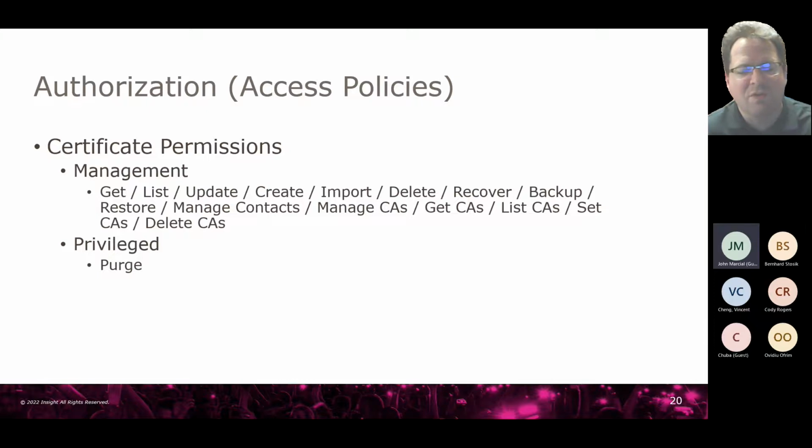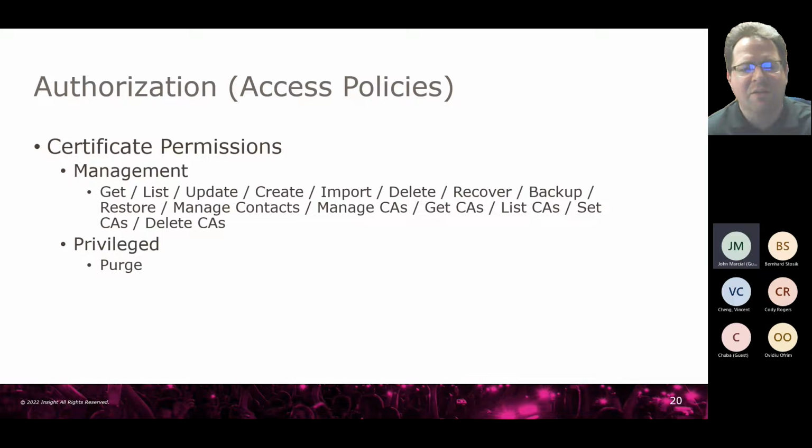So for the certificates that you store in Key Vault, you have the ability to manage access policies. Understanding the list of things that you can do with these types of entities helps you understand a little better what these things are, and how Key Vault supports management of these things. So, again, you can do your CRUD type operations with your certificates, but you can also manage the contacts and the certifying authorities.